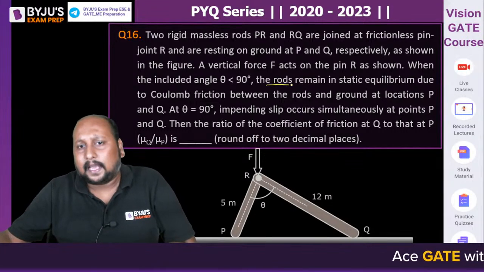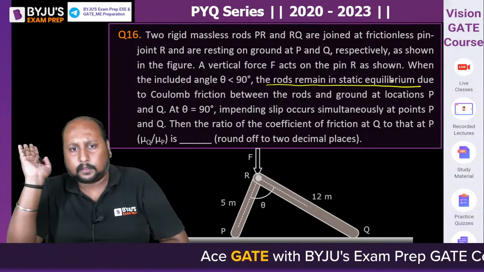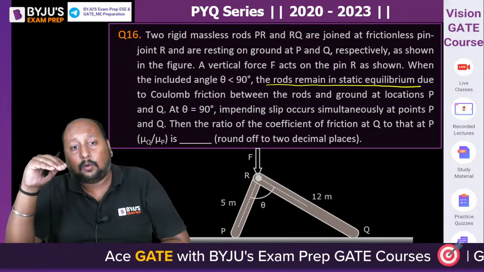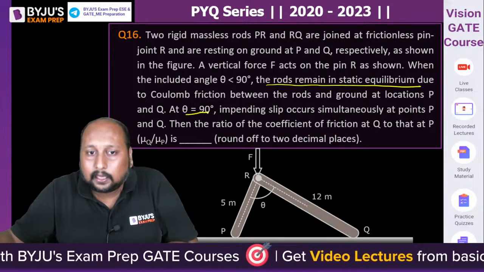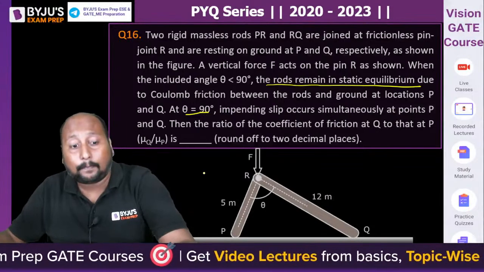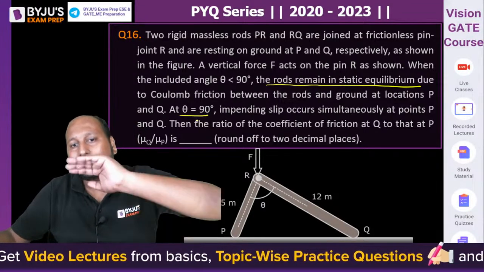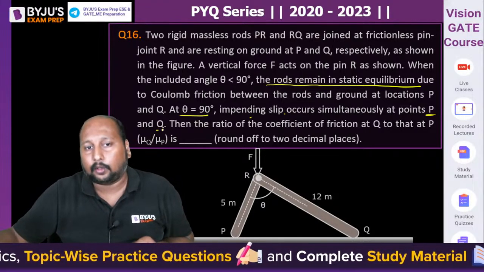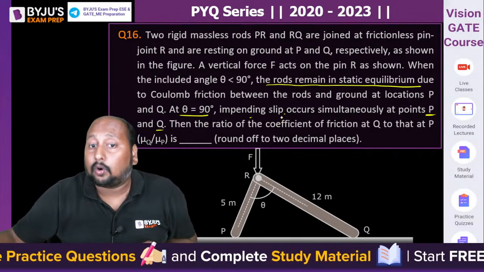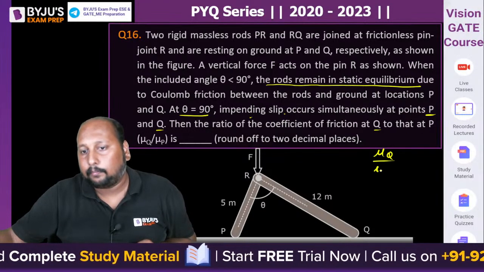That means when the angle is less than 90 degrees, the rod is in static condition, right? Now, when you make this angle equal to 90 degrees, then we have the impending condition. What is impending condition? Impending means the body is about to slide. That means impending slip occurs simultaneously at point P and at Q. Then what is the ratio of coefficient of friction at point Q to P, that is mu Q by mu P?